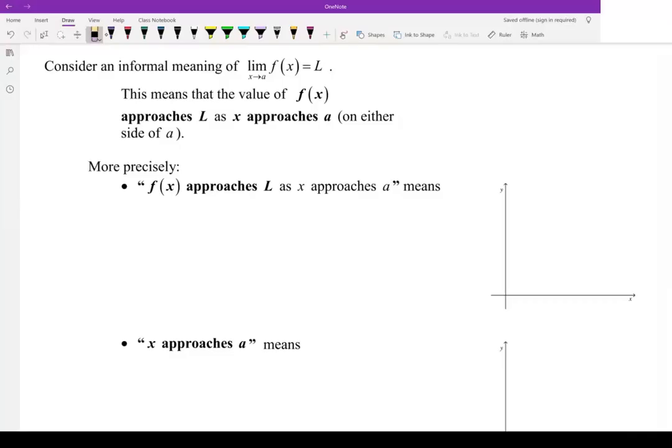What that means is the distance, the absolute value of the difference between f of x and L, can be made arbitrarily small.